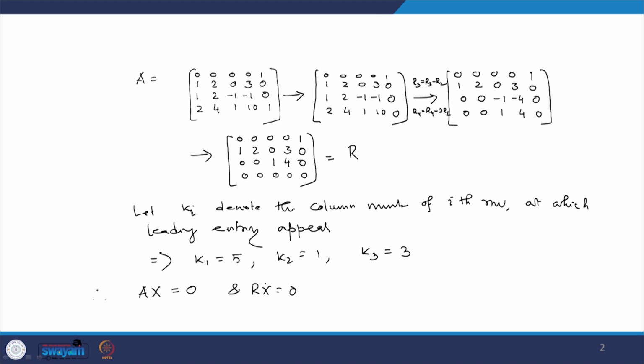So, solving Ax equal to 0 is the same as solving Rx equal to 0. Now, based on that, I am getting Rx equal to 0. So, Rx equal to 0 implies I am getting the rows 0, 0, 0, 0, 1; 1, 2, 0, 3, 0; 0, 0, 1, 4, 0; and then the fourth one is 0, 0, 0, 0, 0.